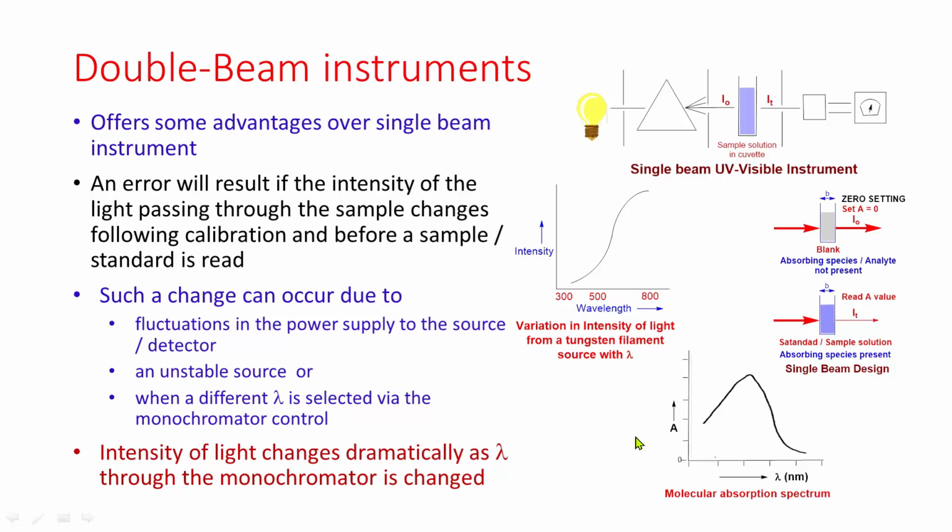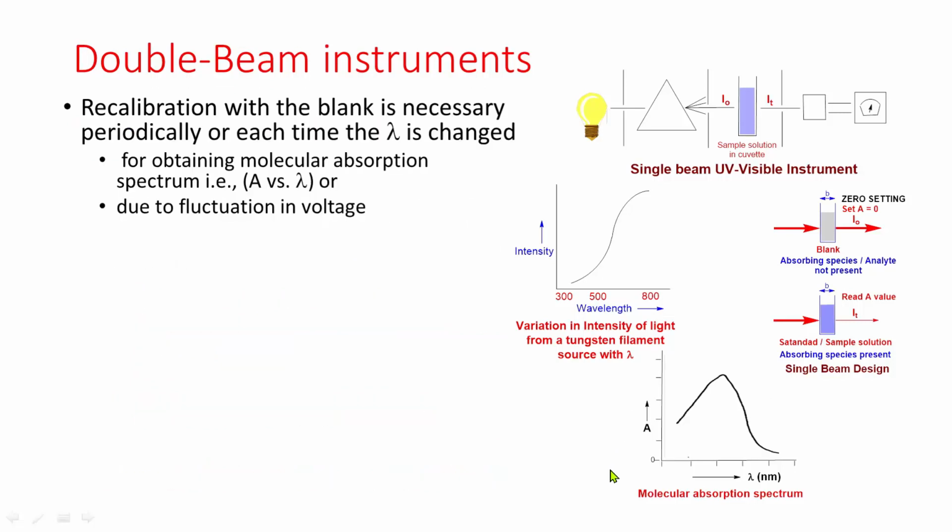Intensity of light changes dramatically as the wavelength through the monochromator is changed. Recalibration with the blank is necessary periodically, or each time the wavelength is changed, or due to fluctuation in voltage.